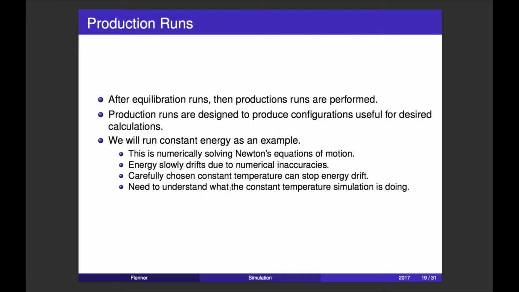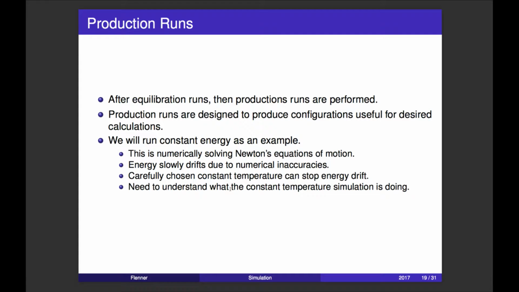You can do two things when you do this. During the simulation, you can have it calculate what you're interested in and just print out the answer when it's done. Or you can save a representative number of configurations and then use those configurations and velocities later to calculate averages. And I'll mention that in a little bit.